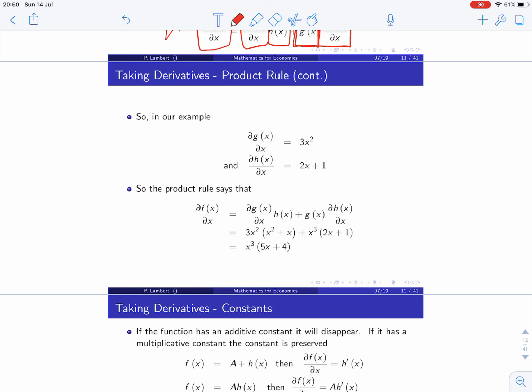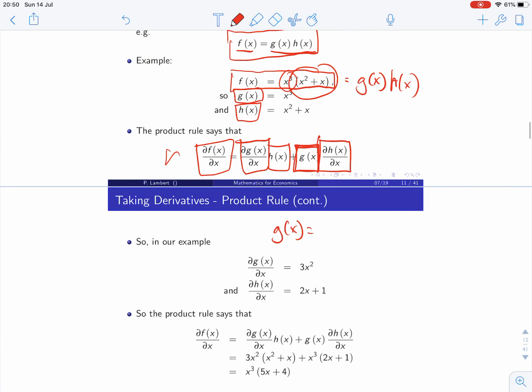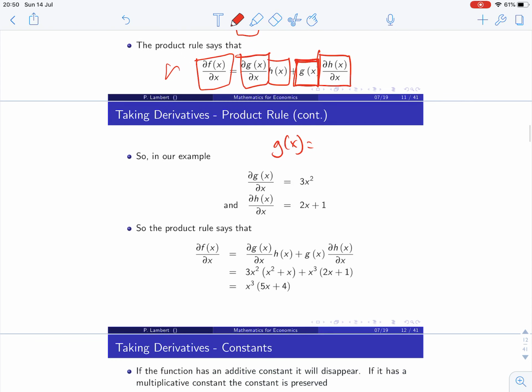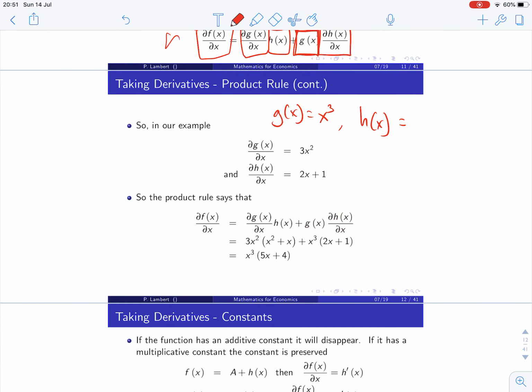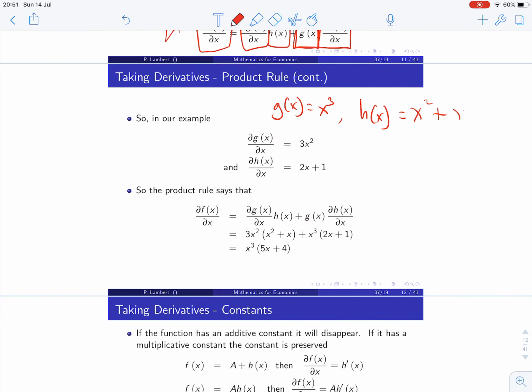We had that g(x) equaled, let me just remind myself, g(x) equaled x to the power of 3. We had h(x), which equaled x squared plus x. So if we take the derivative of the g subfunction, we use the power rule to get 3 out the front times x to the power of 3 minus 1, which is 2.